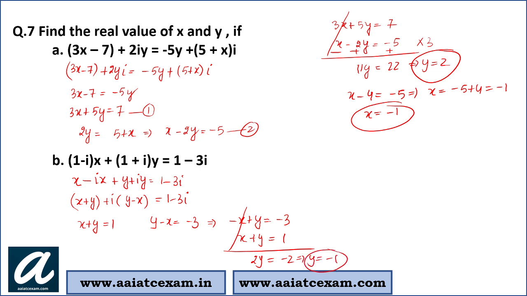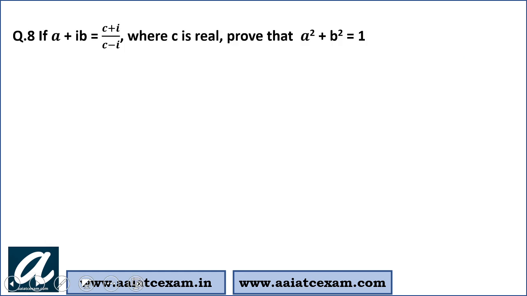Now substitute this value in equation number 1, that is x plus y equal to 1. So you'll write x minus 1 equal to 1 or x equal to 2. So there are two values, x is equal to 2 and y equal to minus 1.